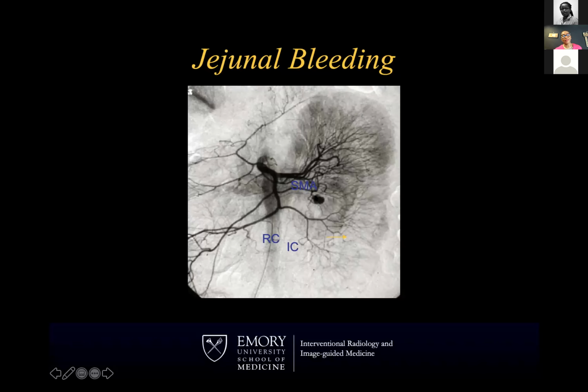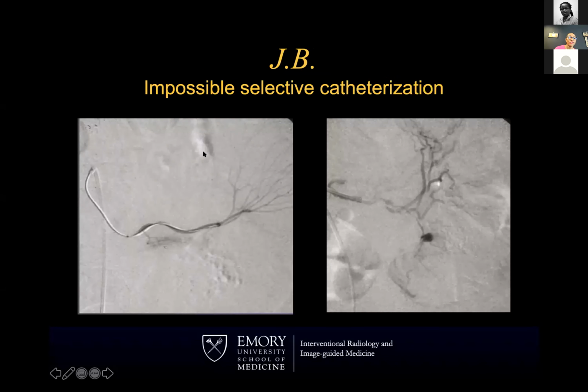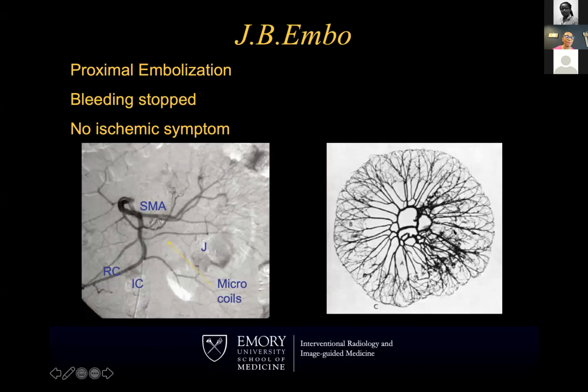This is like a big bleed from one of the jejunal branches. So we actually were able to super select that jejunal branch, find one of these bleeds, and I'm not making any of you into an angiographer, so I do not want to be here talking about how many vessels you can take out before you're creating ischemia.